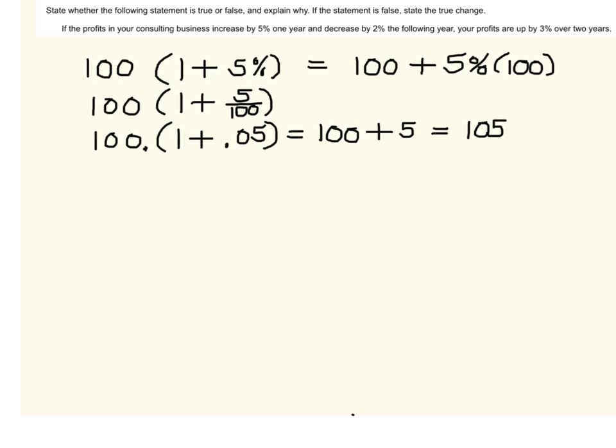Now, moving forward, they decrease by 2% the following year. Let me change up colors here, and we'll work in blue. At the beginning of the second year, we start with $105. This time we're going to multiply 105 by 1 minus, because we're decreasing, 2%. So 1 minus 2%.